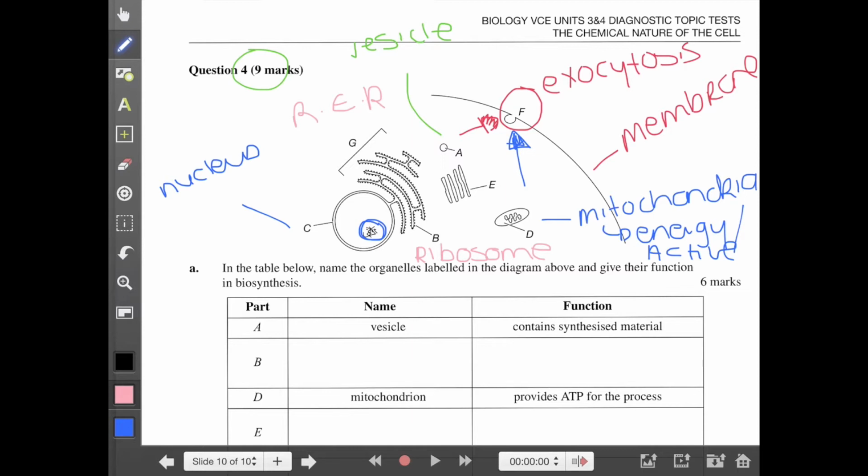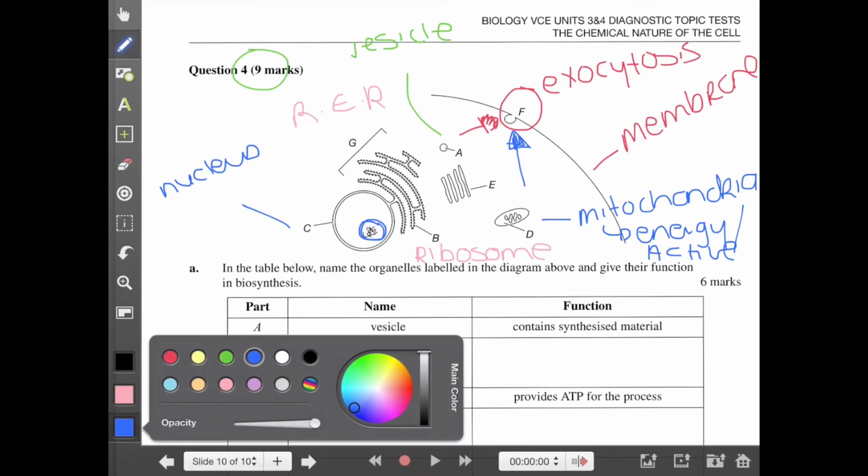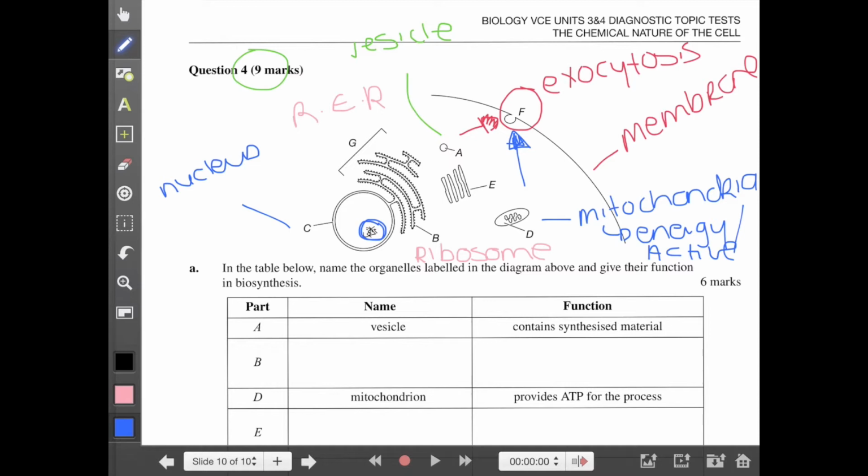Now, E looks a little bit funny. I'm not gonna lie, that looks a bit strange. But again, try and use your understanding of the cell and its makeup here. So you've got your nucleus, then you've got your ER that's attached here, then you've got a vesicle somewhere near the rough endoplasmic reticulum.